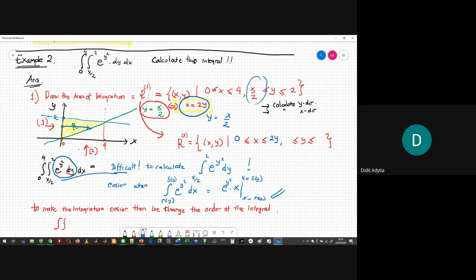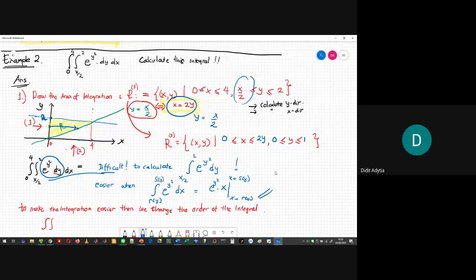Y-nya dari sini. Yaitu dari 0 ke berapa ini? 2. Oke. From 0 to 2. So we will use this R, okay, to solve our problem.